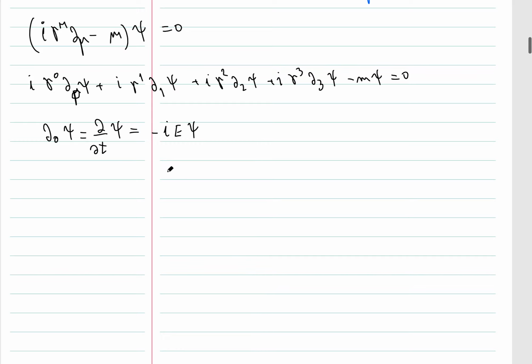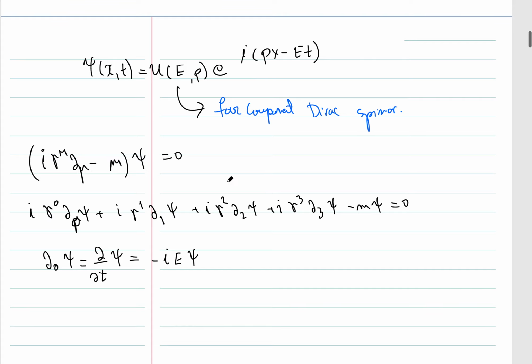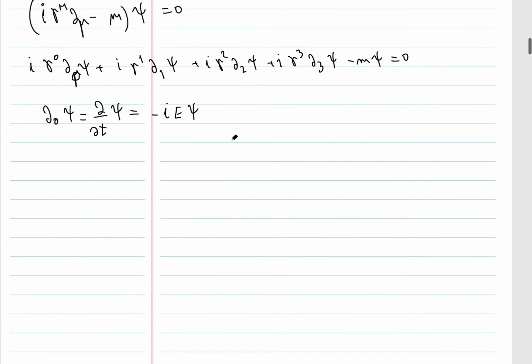You can try; you have to find the derivative of the exponential, which I think is pretty easy. In a similar way, you find partial of 1 psi, which is i p x, partial of 2 psi, which is i p y, and partial of 3 psi, which is i p z.